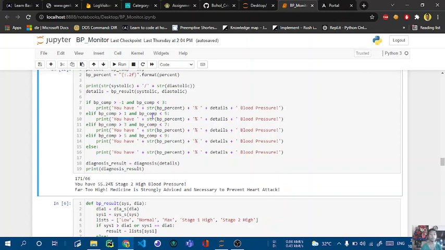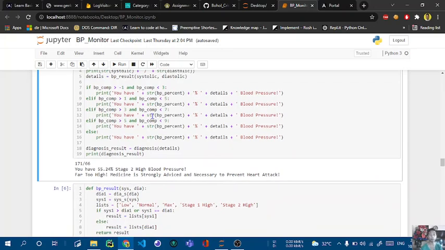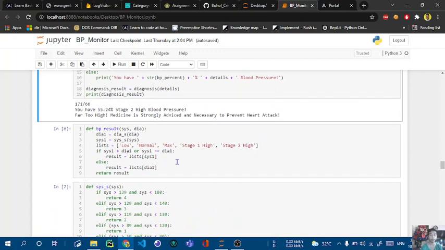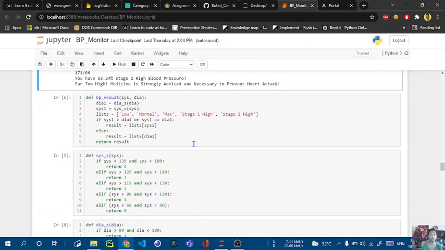If you have low, or high blood pressure 1, we call BP result. Here we also need to call the diastolic and systolic functions. If systolic returns 4 and diastolic returns 3, it will check what category would be the result.